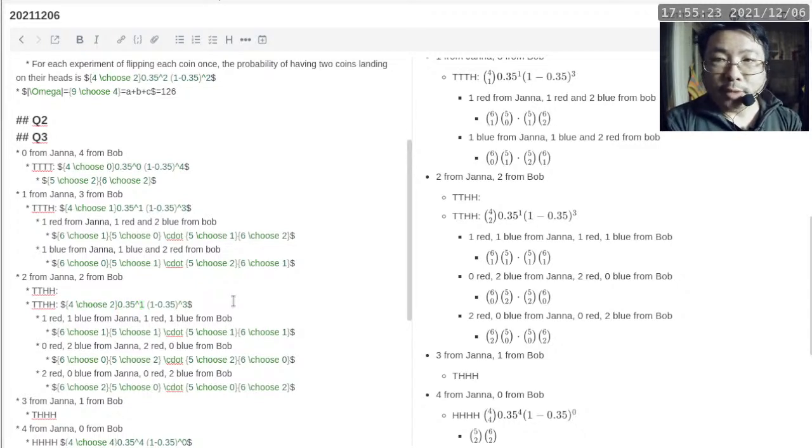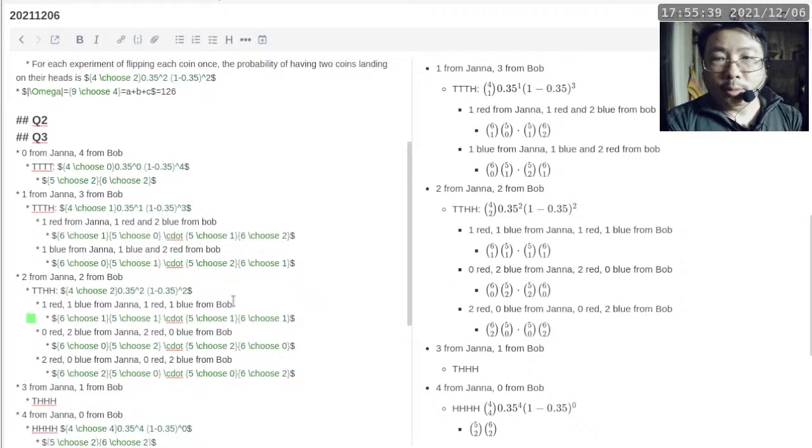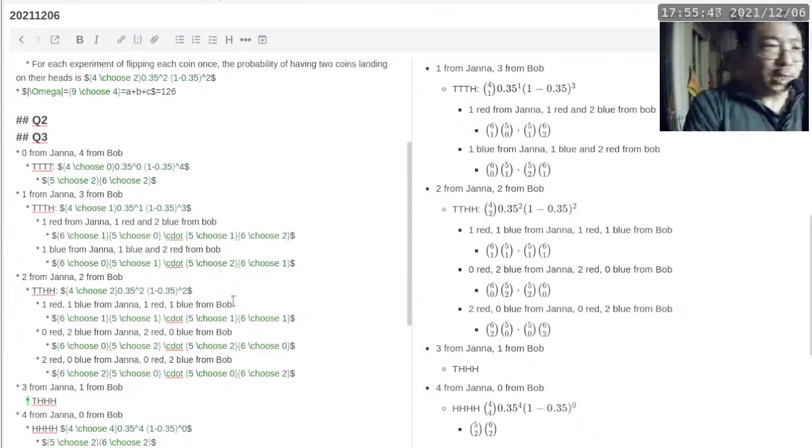So we raise 0.35 to the power of 2 because we have 2 heads, and we also raise 1 minus 0.35 to the power of 2 because we have 2 tails. So there you go. There's only one case left, but I think you guys can figure it out, because it's symmetric to the first one, except you just flip the numbers.